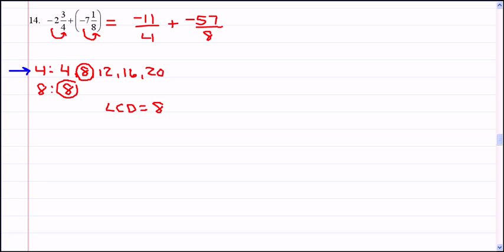So since one of my denominators is already 8, I only have to multiply the 4 by 2 to make its denominator 8. And I have negative 22 over 8 plus negative 57 over 8.